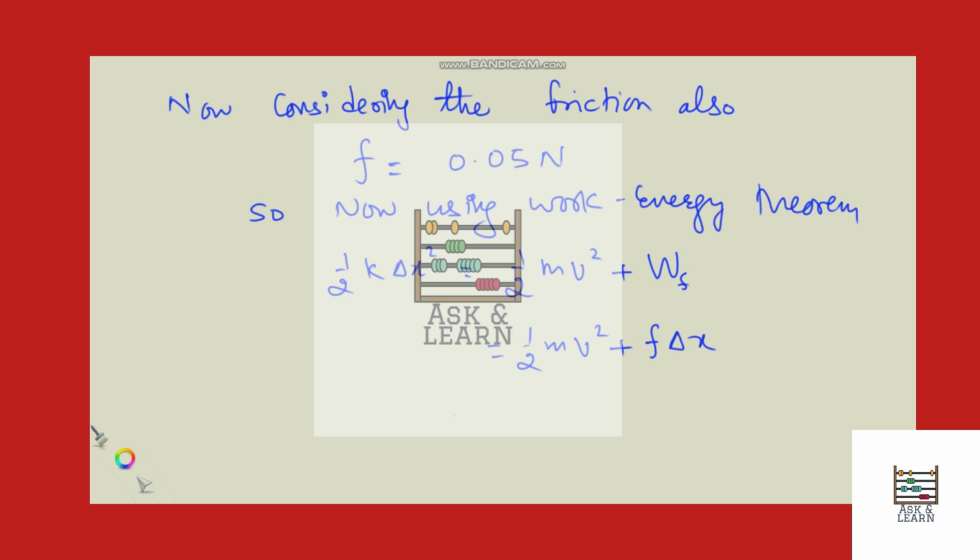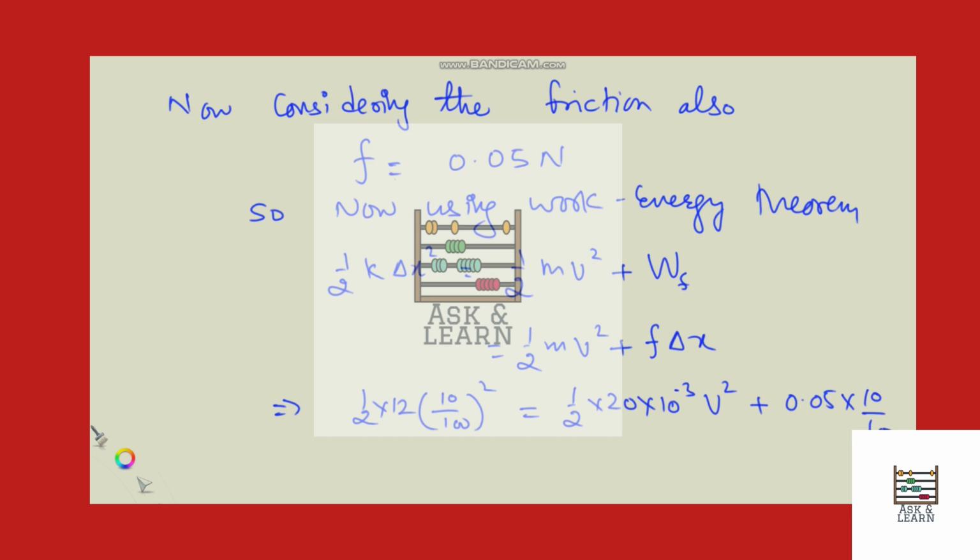So plugging in the known values here, half times 12 multiplied by 10 centimeter, or 10 by 100 meter, squared, will be equal to half m v square, with half times m, 20 gram, or 20 into 10 to the power minus 3 kilogram, times v square, which is missing and we have to find it, plus the force of friction 0.05 multiplied by 10 centimeter, or 10 by 100 meter.